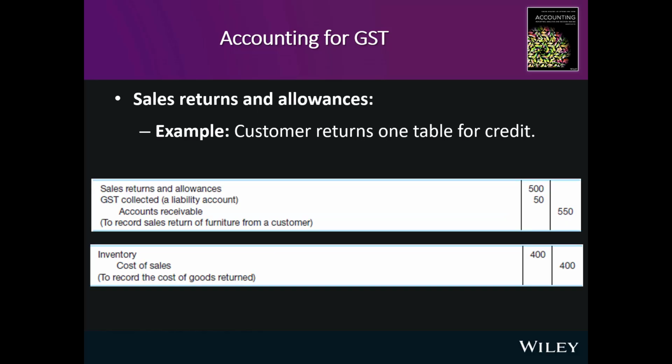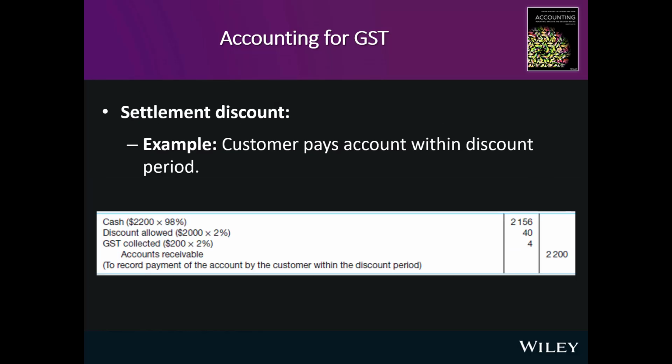For sales return, basically you just have to debit the contra account, sales returns and allowances, and GST collected. The credited amount will be on accounts receivable, 500 in this case, which is GST inclusive. Discounts: if you allow a discount for your client, there will be a GST portion of that.